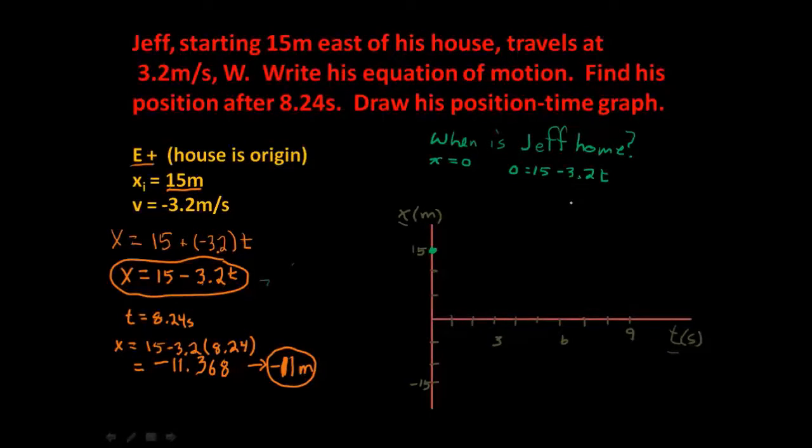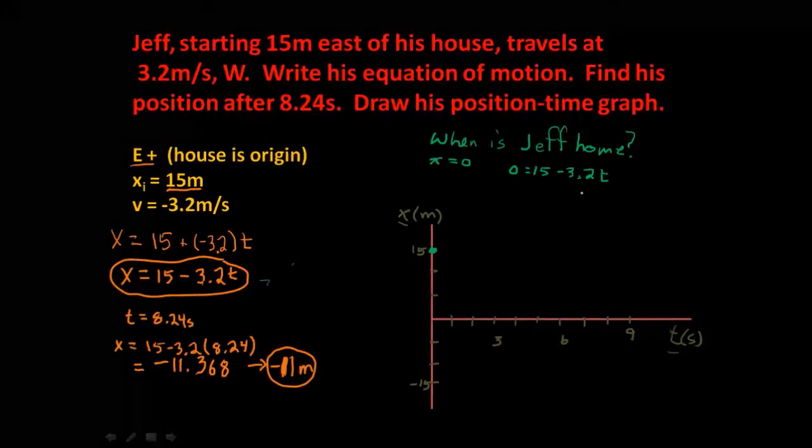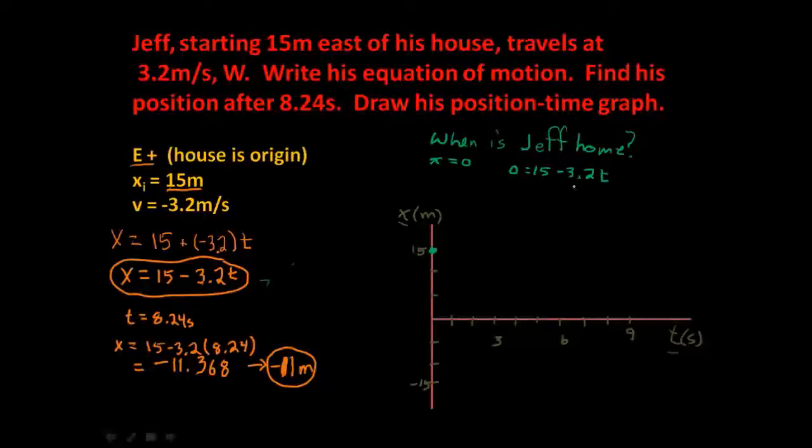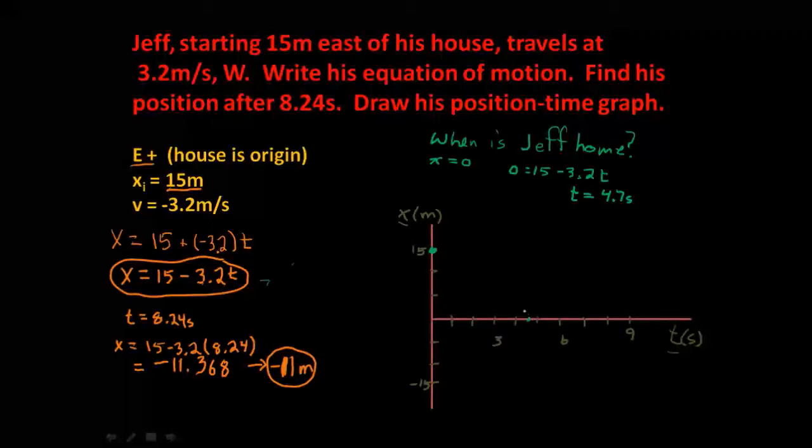Now, solving that little equation will tell us when he has a position of 0. That is, when he is back home. And if we solve that, we get that t is equal to 4.6875. I'm going to round that to 4.7 seconds. And so that means down here on the graph, after 4, there's 5, after 4.7 seconds, which is right here, he's back home. So now we have 2 points.